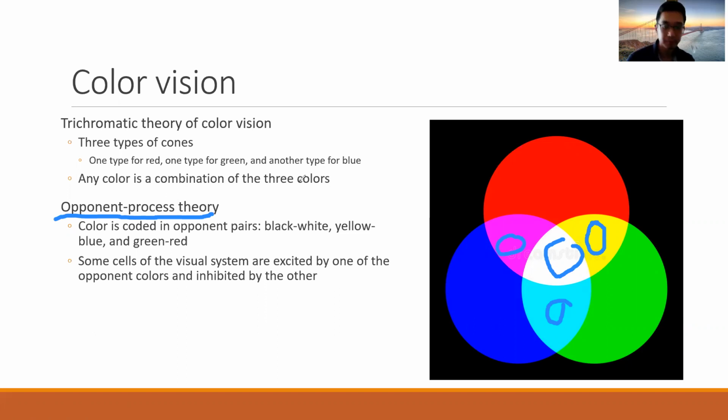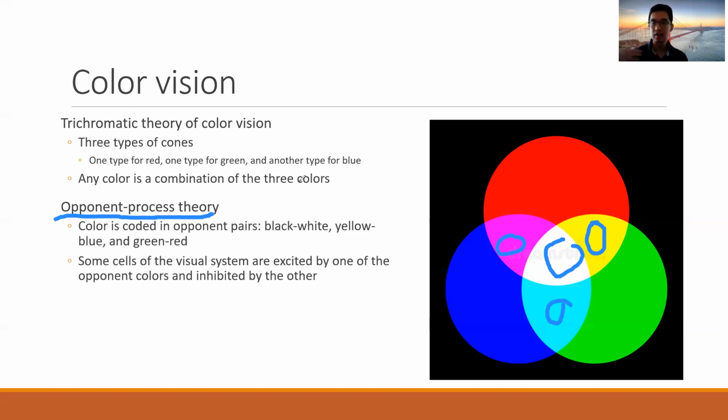Some kinds of cones are sensitive to one of the opponent colors but inhibited by the other color. For example, there are some cones in the eyes that are sensitive to black but inhibited by white. And some cones are sensitive to yellow but inhibited by blue.